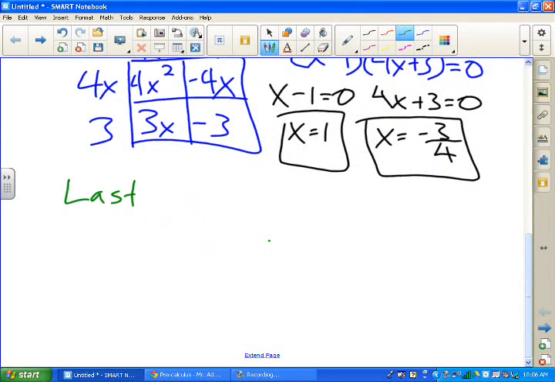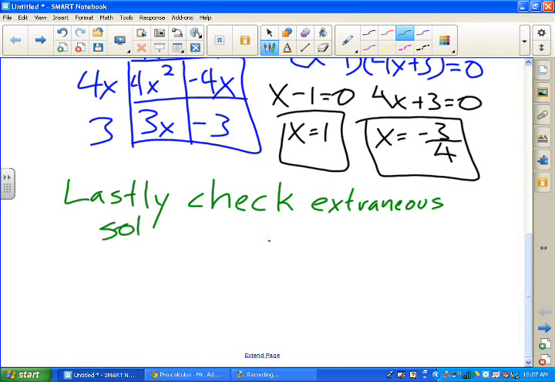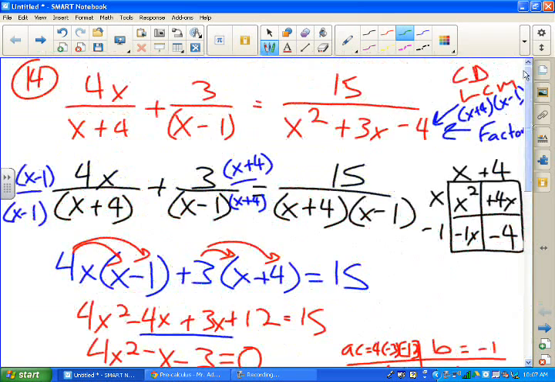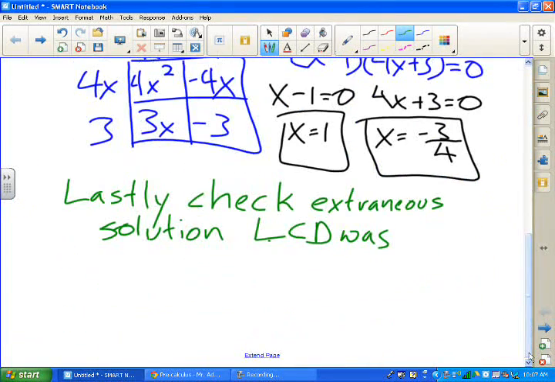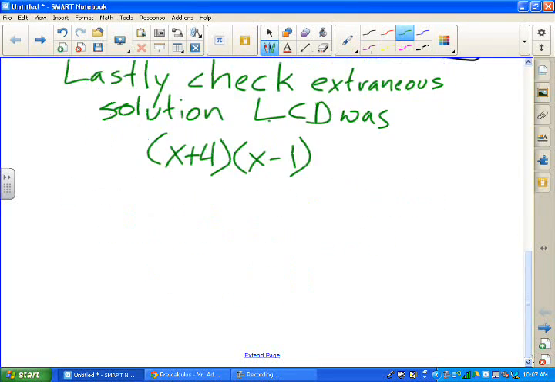I'm almost done, but the last thing that I need to check is for extraneous solutions. Remember that these are rational expressions, so one of my solutions, when I plug it in, could cause a problem with the lowest common denominator. Notice that every one of the fractions had the lowest common denominator of x plus 4 times x minus 1.